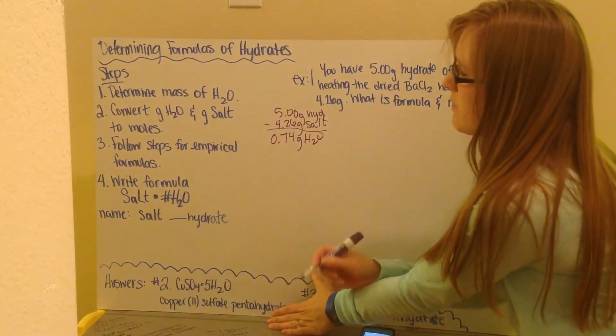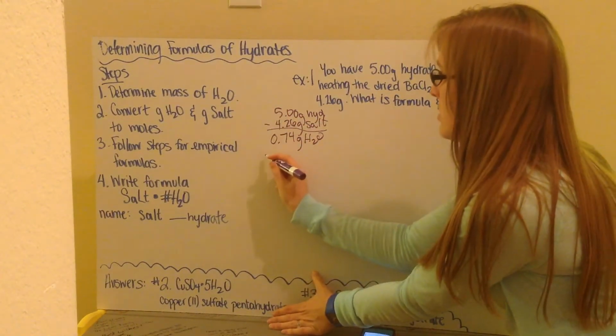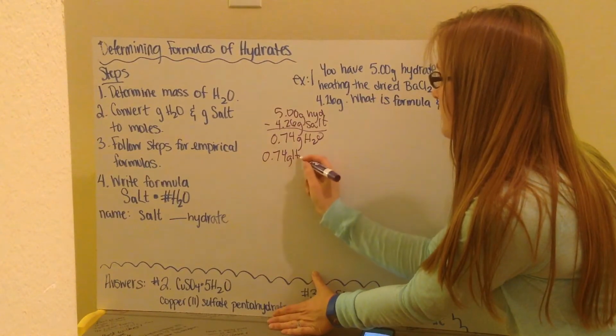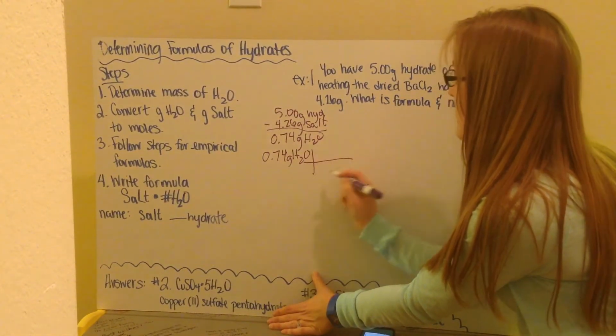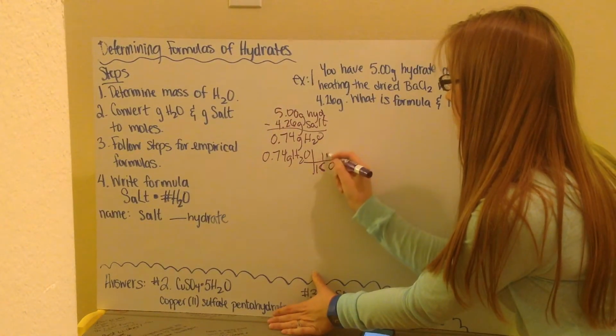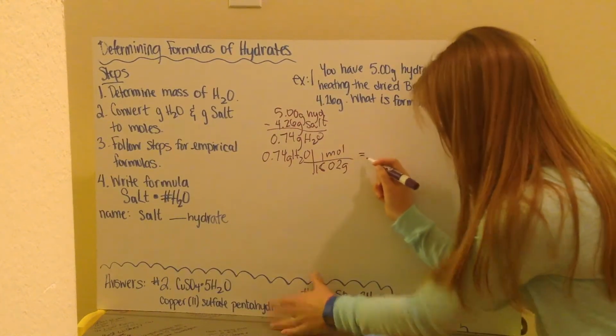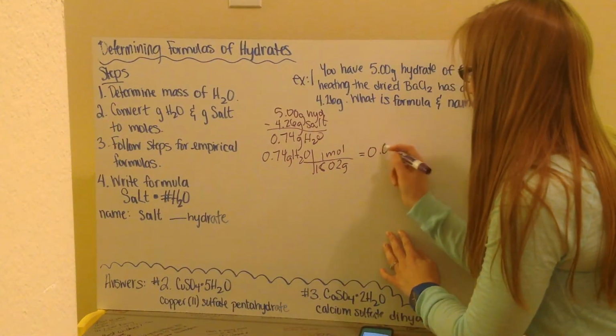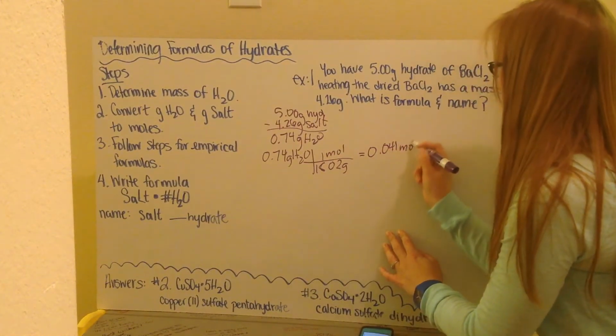Now step 2: I need to convert grams of water and grams of salt to moles. So I have my 0.74 grams of water, divided by its molar mass of 18.02 grams per 1 mole, and that gives me 0.041 moles of water.